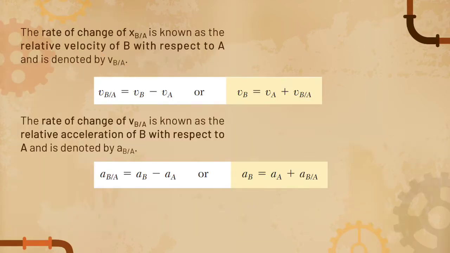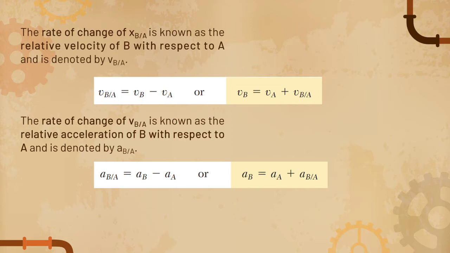The rate of change of x sub B over A is known as the relative velocity of B with respect to A, and is denoted by v sub B over A. The equation can be written as v sub B over A is equal to v sub B minus v sub A, or v sub B equals v sub A plus v sub B over A. A positive sign for v sub B over A means that B is observed from A to move in the positive direction.